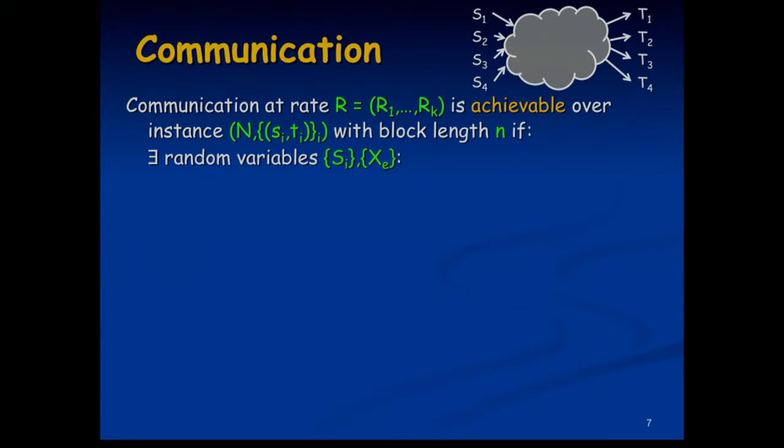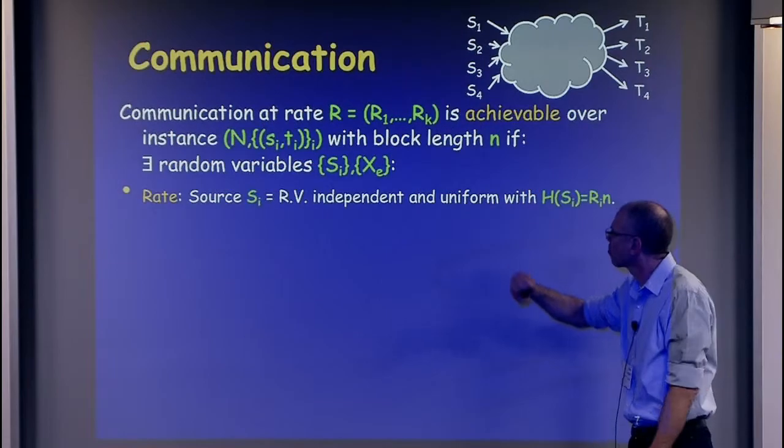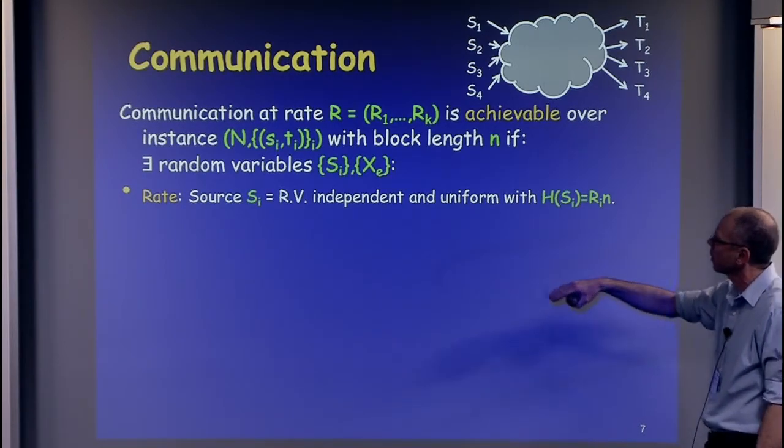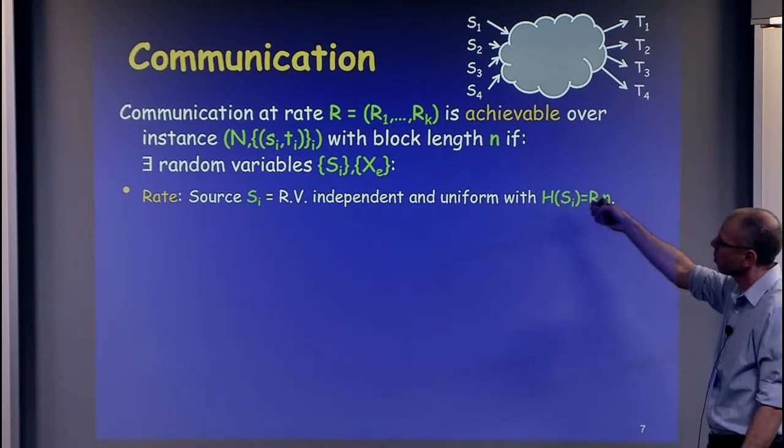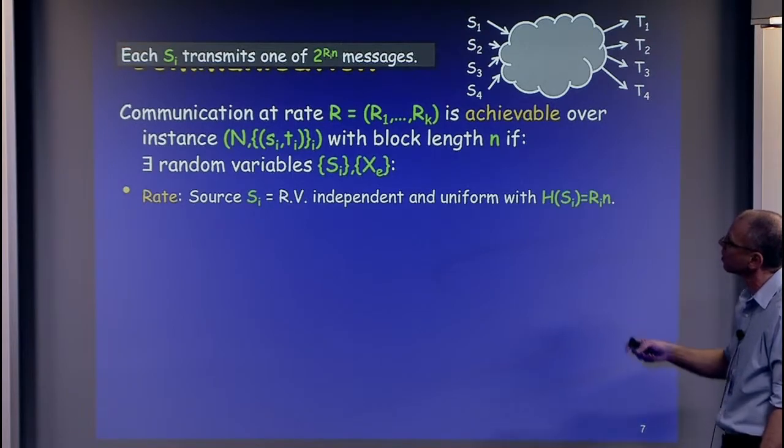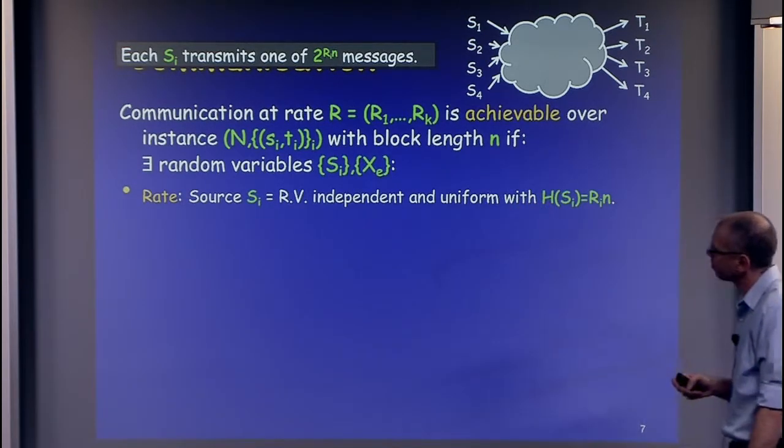If we can assign random variables, Si to the sources and Xe to each and every edge of the network, such that the following things will happen. So what's going to happen? First of all, we want the sources to have high rate, that is rate Ri. So source Si is going to be independent and uniform with support 2 to the power of Ri n.